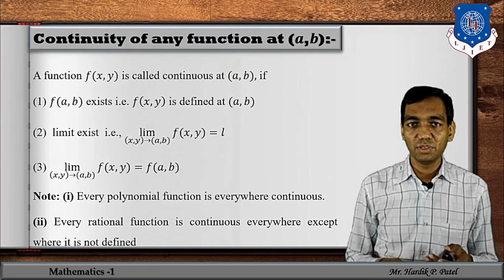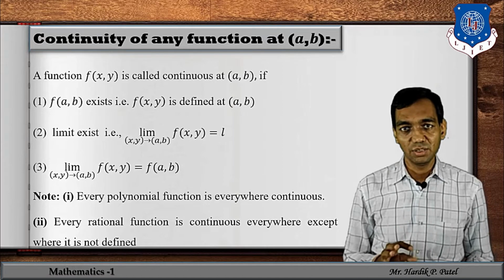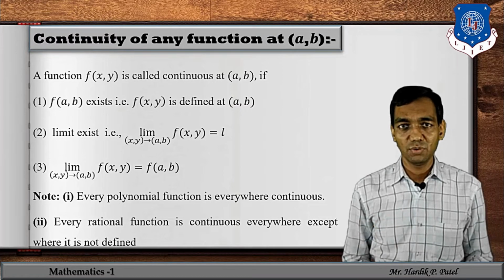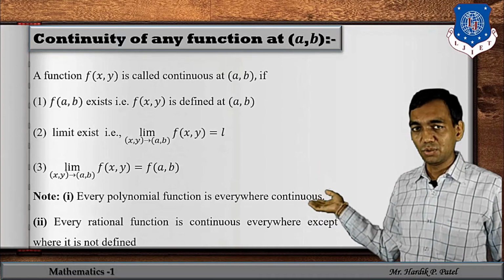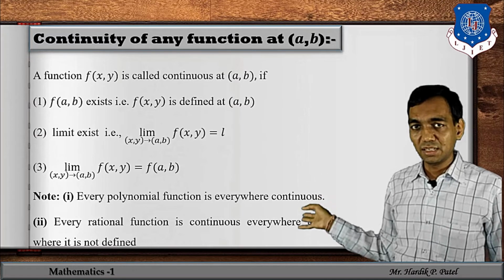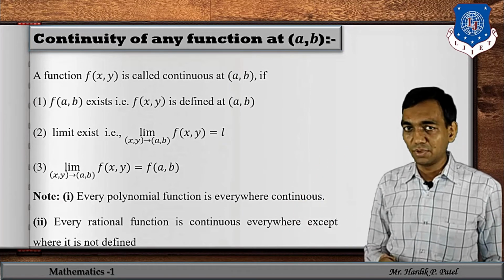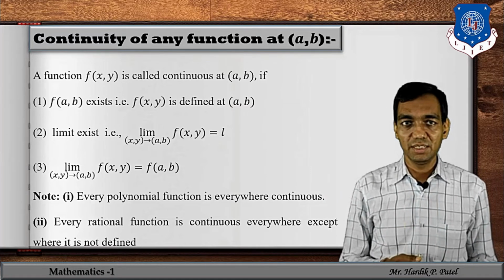That means wherever your function is not defined, other than that point, your function is continuous everywhere. This is simple, what you have learned in 12th. Suppose you have x upon x minus 1, then that is not defined at 1 because the denominator is 0. So in that case, the function is not defined at 1, and therefore you cannot say anything about continuity at that point.